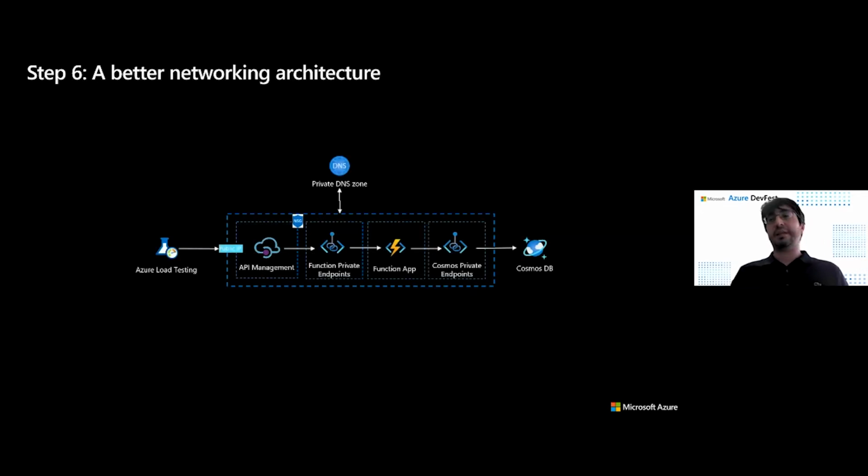So we ended up doing a better networking architecture where we redeployed APIM and function app inside a VNet. And we exposed from Cosmos DB and function app a private endpoint that was then used by function app and API management to connect to their dependent products.